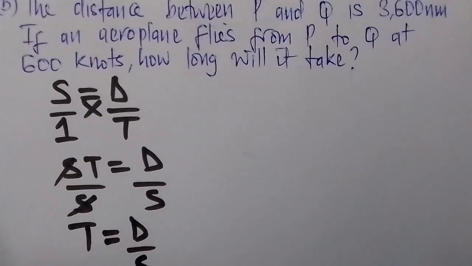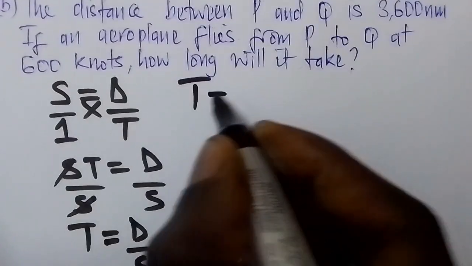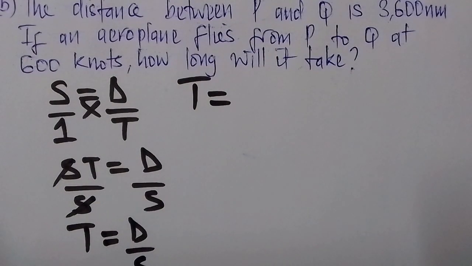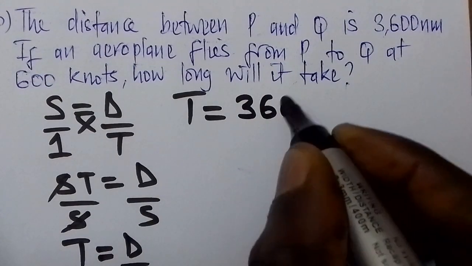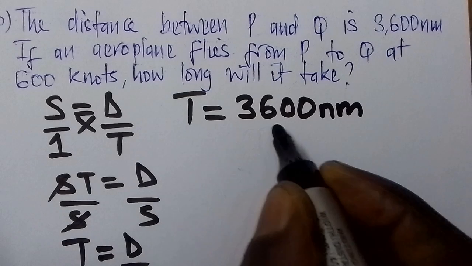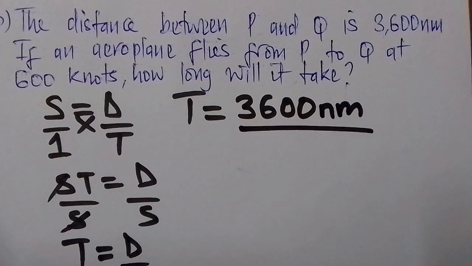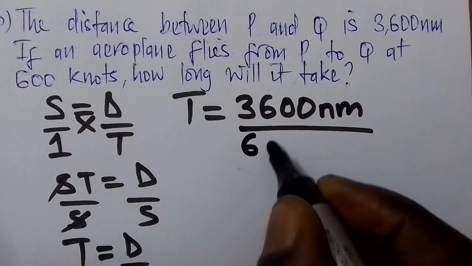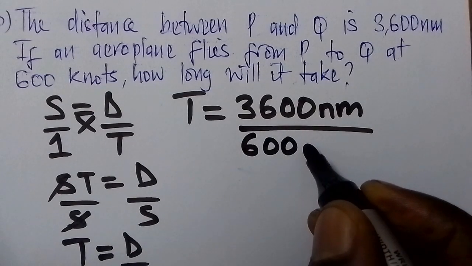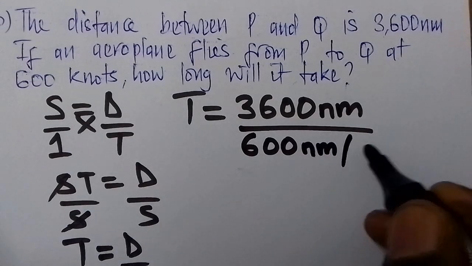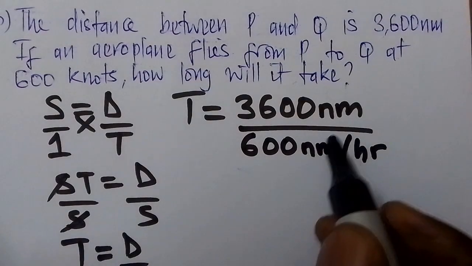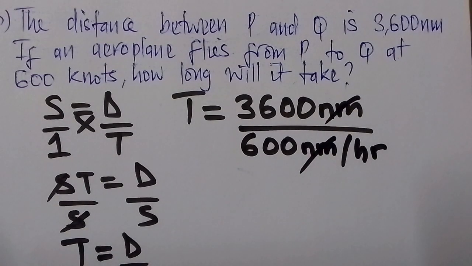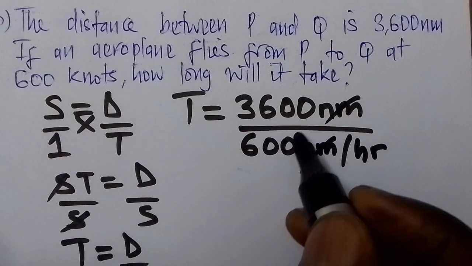So we're going to do the following. Time is equal to distance, which we've been given in nautical miles, 3,600 nautical miles, divided by the 600 given. 600 knots is the same as 600 nautical miles per hour. So the nautical miles simplify, and we can also simplify the zeros here.